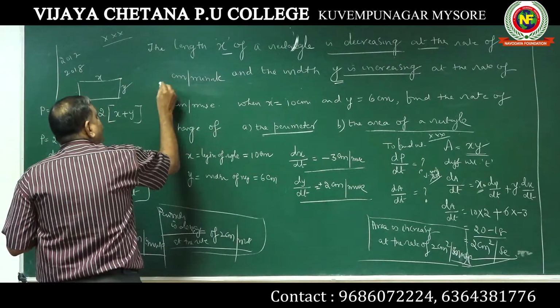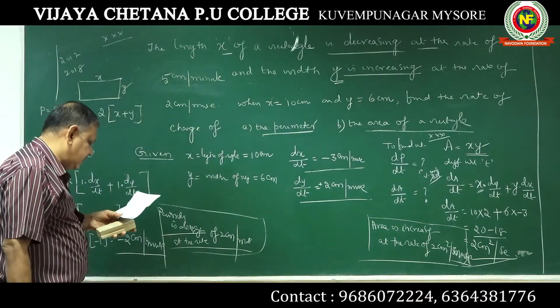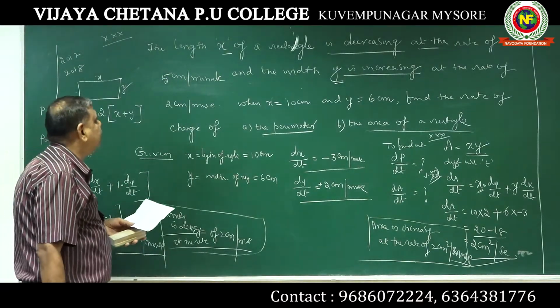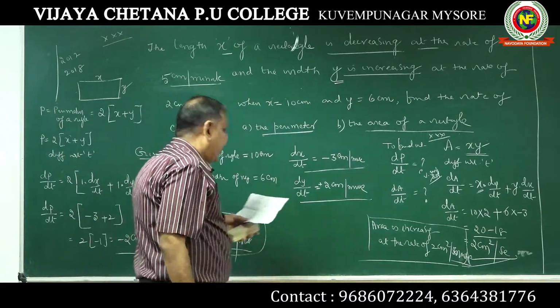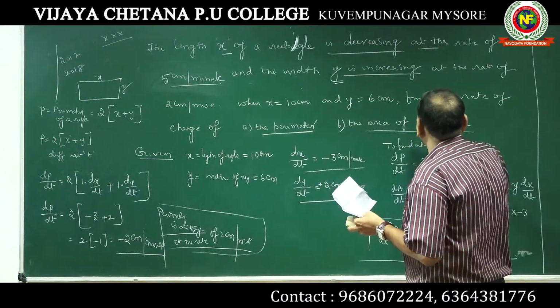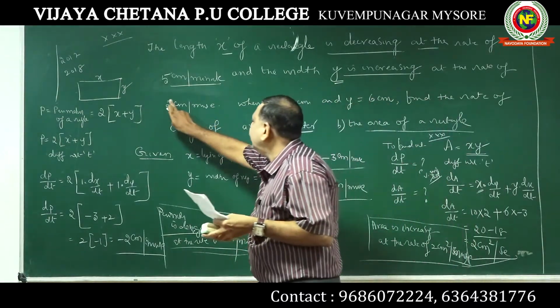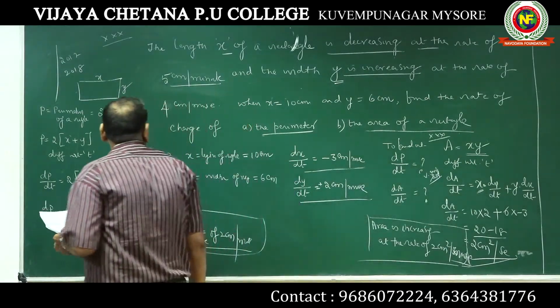You make it not 4, is 5 centimeter. Length x of a rectangle is decreasing at the rate of 5 centimeter per minute, not 3, 5. Then, and the width y is increasing at the rate of 4 centimeter. This is 4 centimeter. You make it 4 centimeter. Okay. Now I have changed.